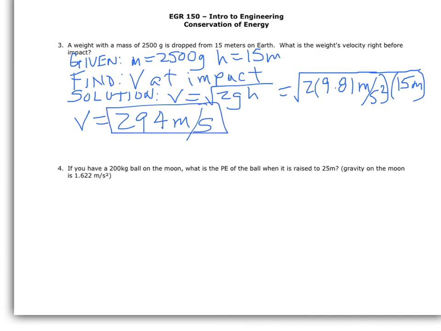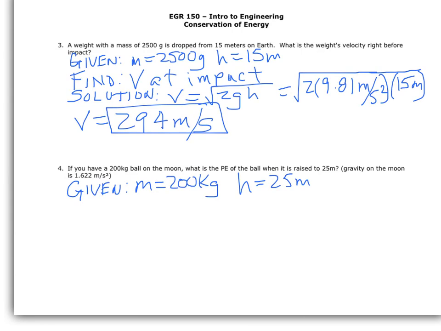Now, number 4 says if you have a 200 kilogram ball on the moon, okay, so we're given a mass of 200 kilograms on the moon. It's raised to 25 meters, so we have a height of 25 meters. And it says, what is the potential energy on the moon?